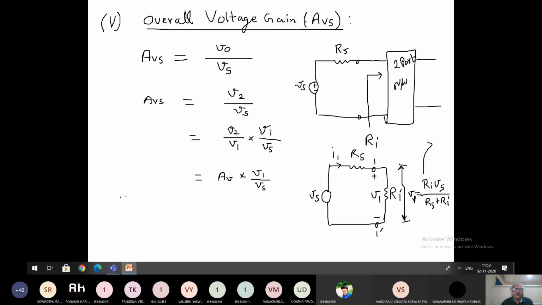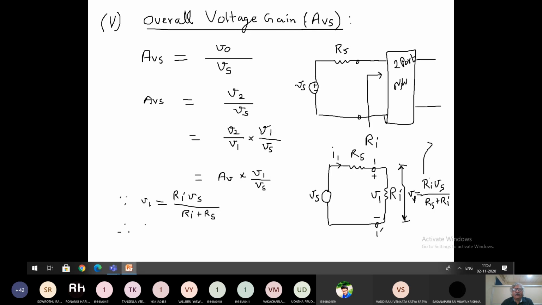So here I write, since V1 is equal to Ri Vs by Ri plus Rs, I will bring this equation in terms of V1 by Vs, right? Here you see V1 by Vs is there.